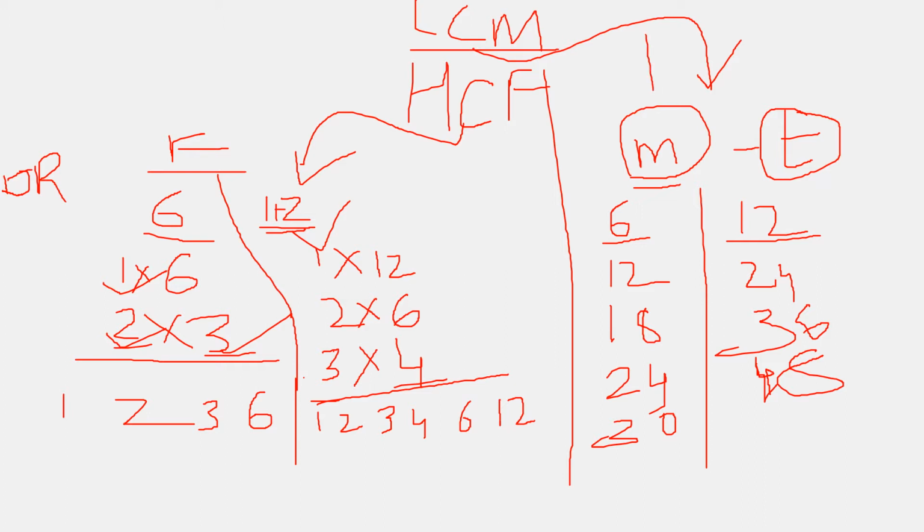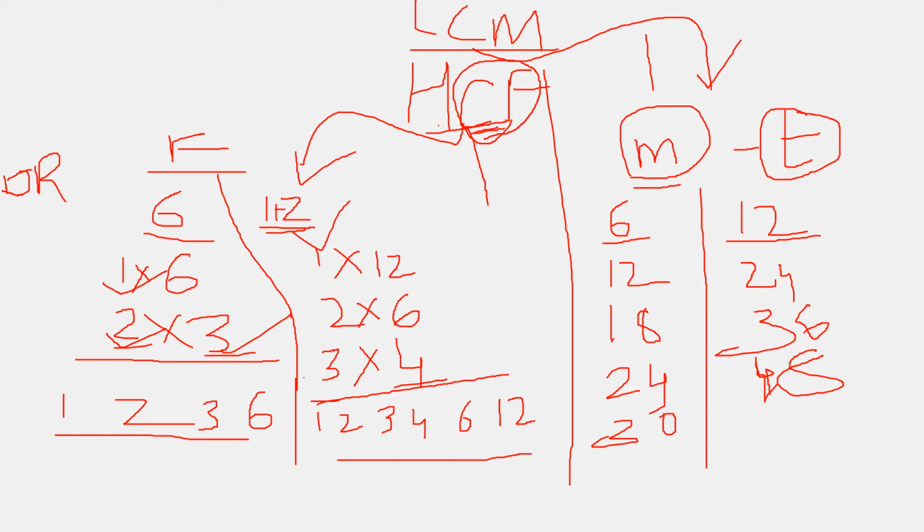HCF means highest common factor. First we will find the common factors. Here we wrote the factors of 6 and 12. From this we have to find the common things. C stands for common.